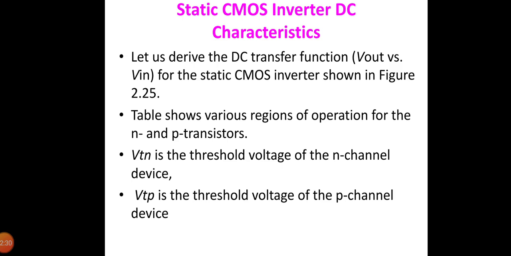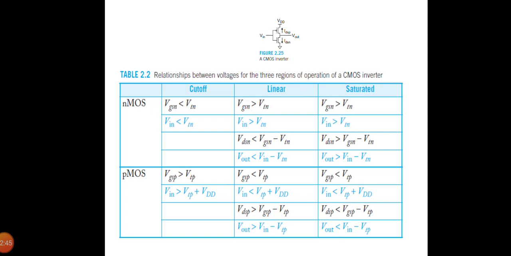Here you can see a table which shows the various regions of operation for the N and P transistors. Here, VTN is the threshold voltage of the N channel device and VTP is the threshold voltage of the P channel device. A number of other important properties of static CMOS can be derived from the switch level view.